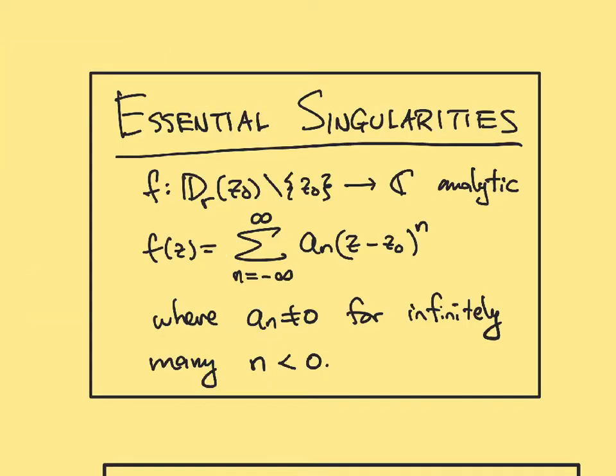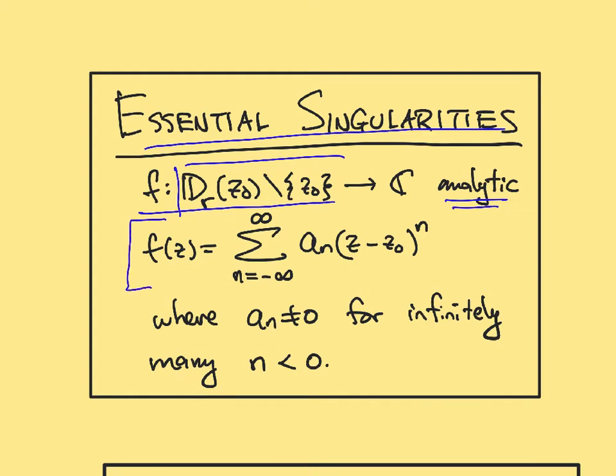By our earlier characterizations of poles and removable singularities, we see that essential singularities are characterized by the fact that the function f, defined on a punctured disk, which is analytic, has an infinite Laurent series expansion with infinitely many negative powers of z minus z naught.